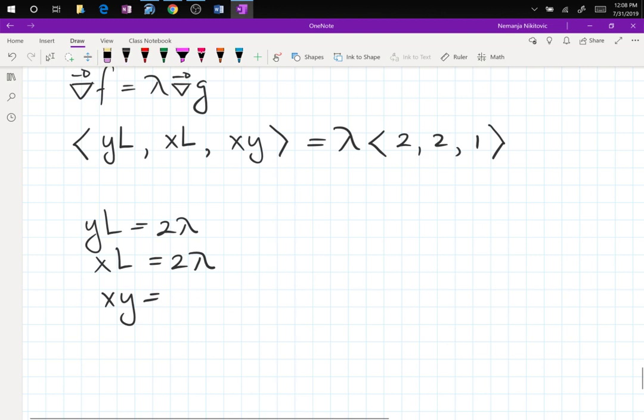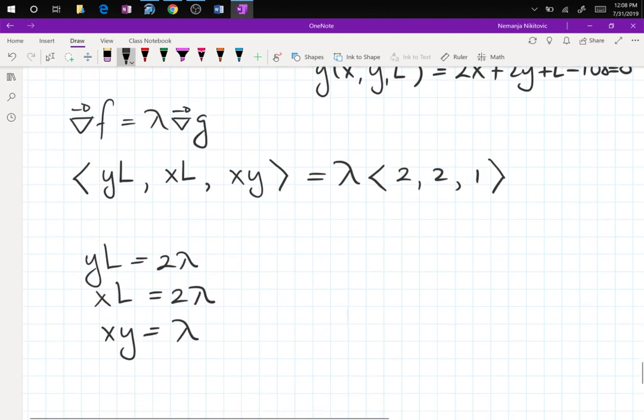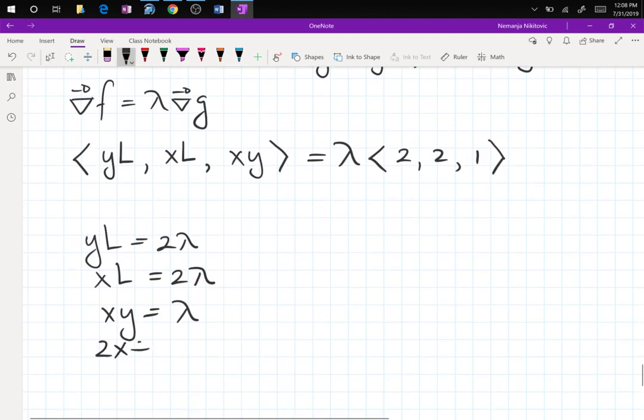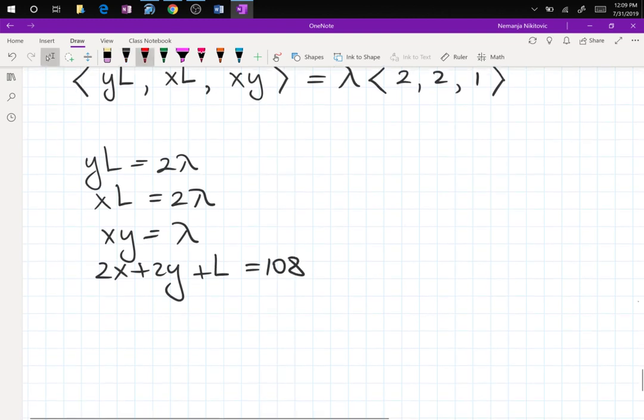Oh, it's equal to lambda, thank you. And then we have the last equation, which is 2x plus 2y plus L equals 108. There we go. So this is my system.